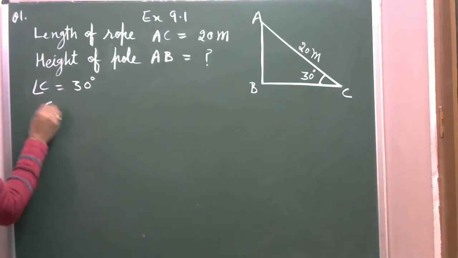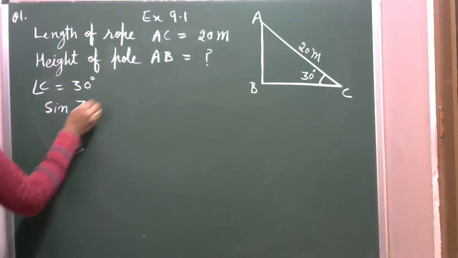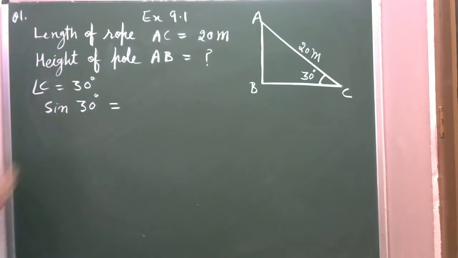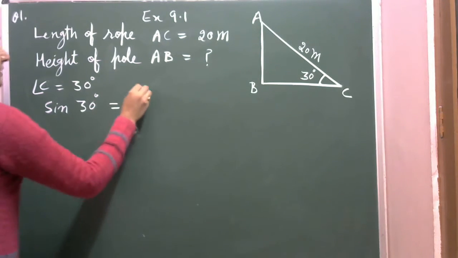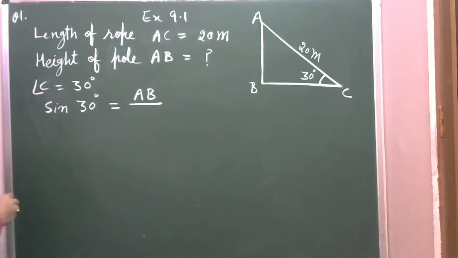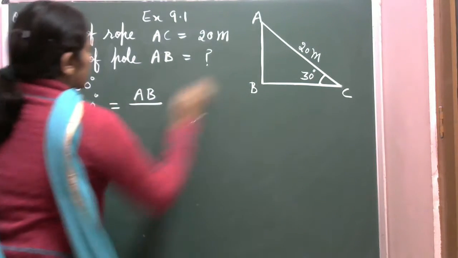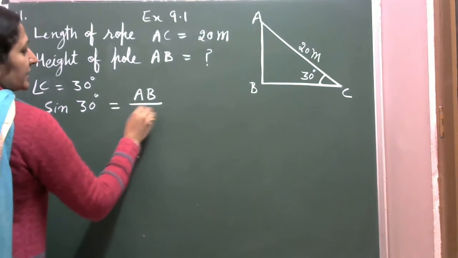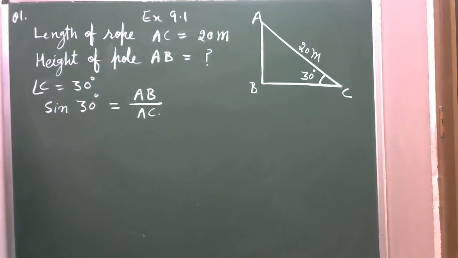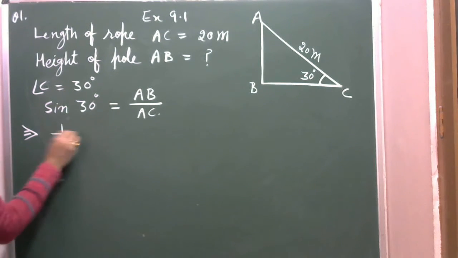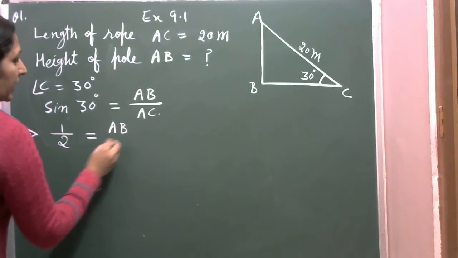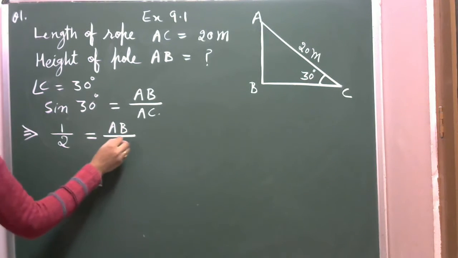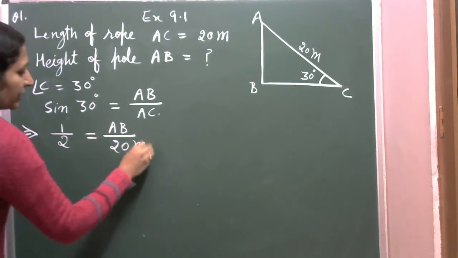So here sine 30 degrees is equal to the perpendicular, that is AB, over the hypotenuse, which is 20 meters, that is AC. Which implies, you know the value of sine 30 degrees, it is 1 over 2, is equal to AB over the value of AC, 20 meters.